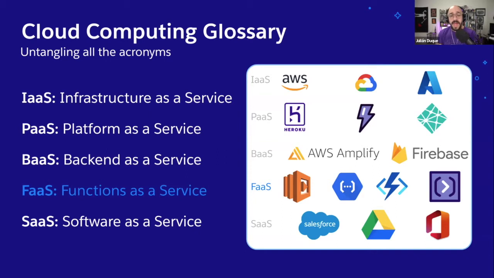And then we have the most abstracted of all, which is software as a service, and it's a complete whole product that you can use, that is completely running on the cloud. And here you have Salesforce as a whole product, Google Drive, or Office 365, etc. This is just a full application that you can run from your browser.